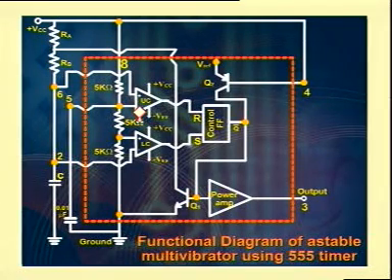When VCC is applied, as per the internal diagram of the 555 timer, we will get the reference voltage for the upper comparator as 2/3 VCC, for lower comparator as 1/3 VCC. Now let us consider VCC equal to 15 volts for example. Then upper comparator reference voltage is 10 volts, lower comparator reference voltage is 5 volts.